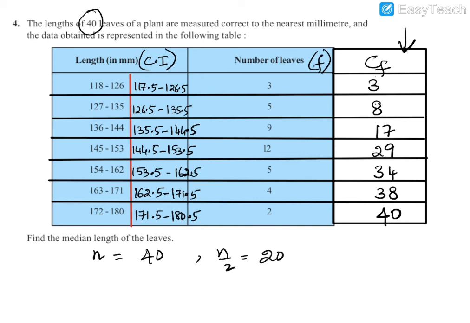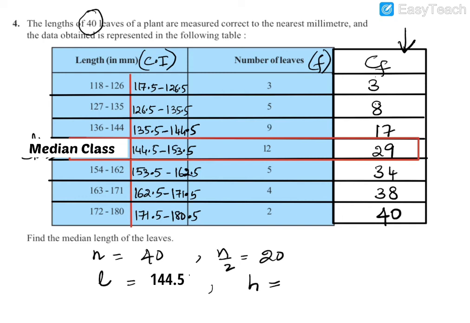Now look at the cumulative frequency column and find the cumulative frequency that is greater than 20 and nearest to it. So that value is 29. The class interval corresponding to this value is the median class. So the median class is 144.5 to 153.5, and therefore L is 144.5.